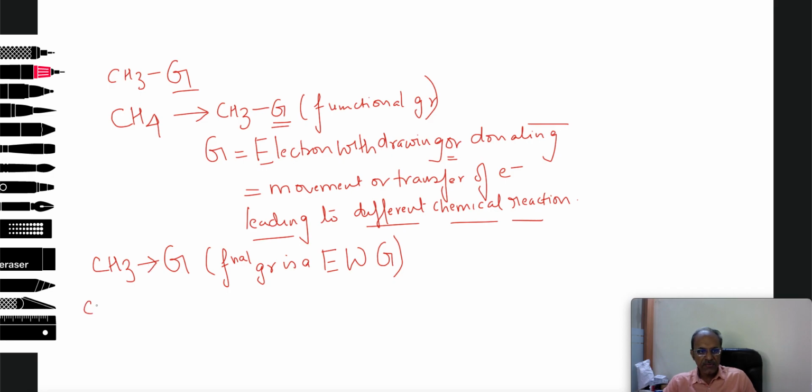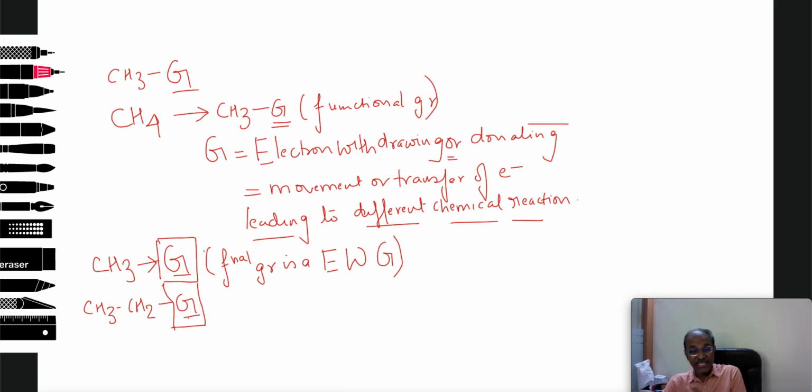Similarly, if it is CH3CH2 and the same functional group G is attached, the function of the functional group in both cases happens to be the same, right?